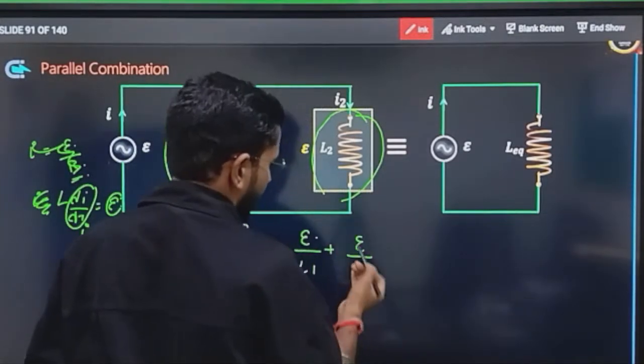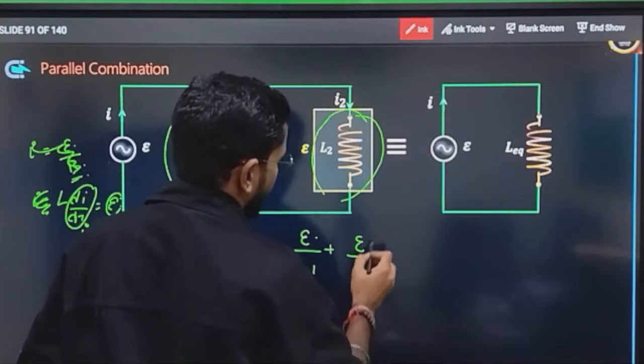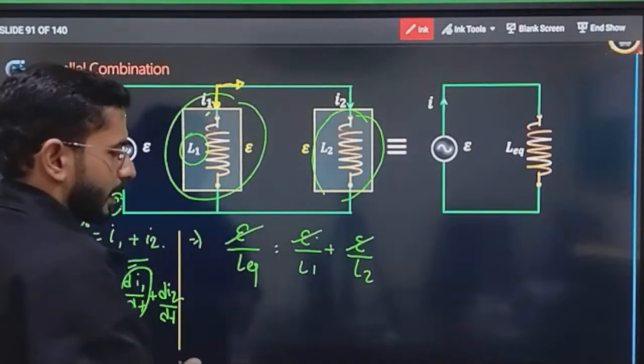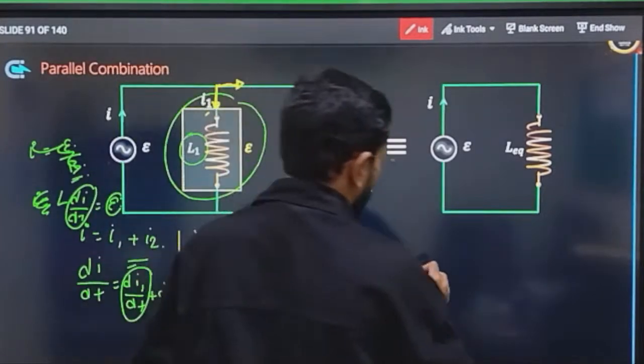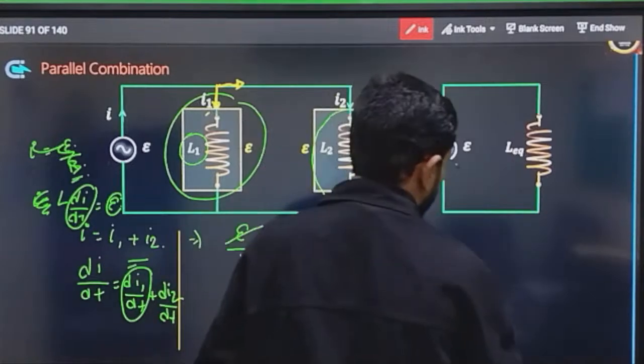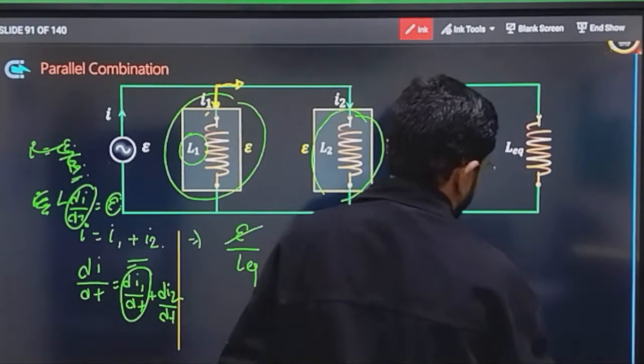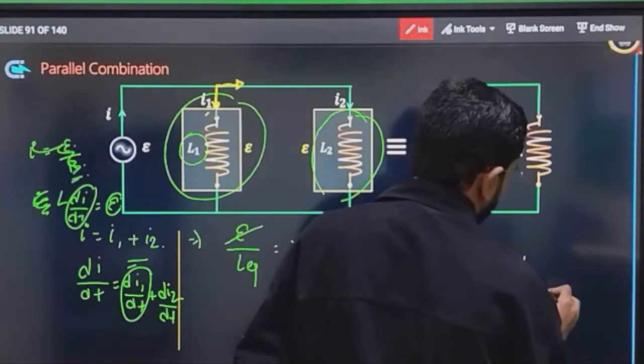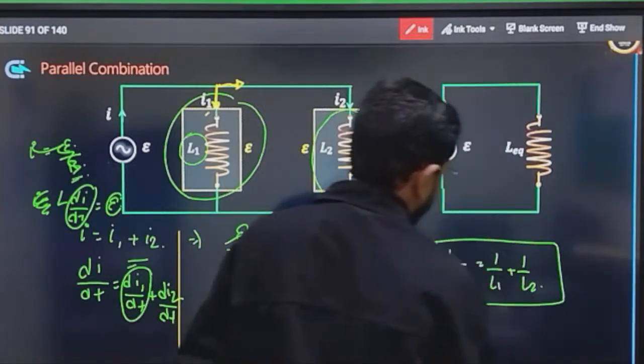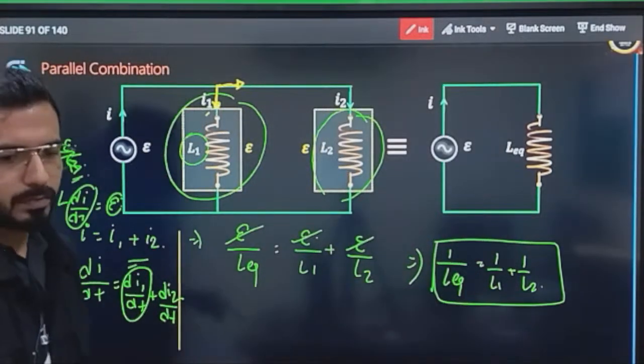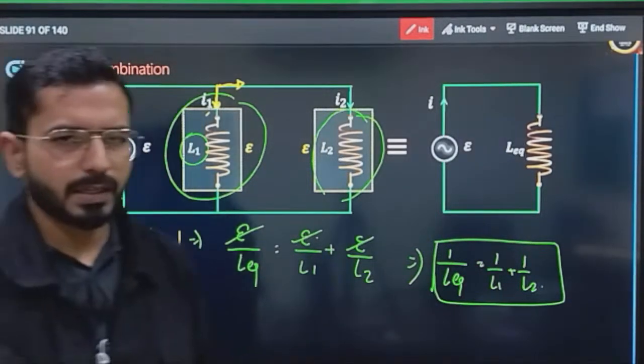The EMF across it is again E, and the inductance is L2. E simply gets cancelled out, and the parallel combination formula comes out the same as the parallel combination of resistors. So formulas are easy for inductors.